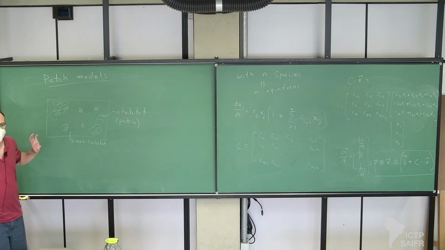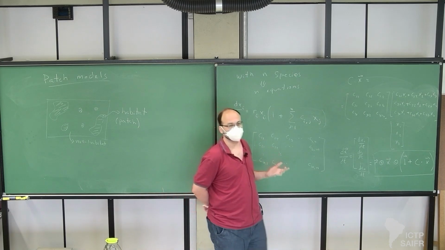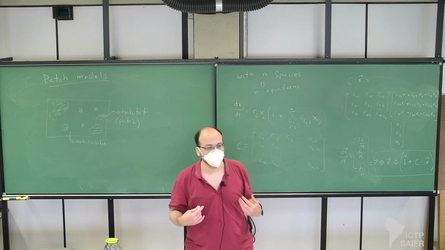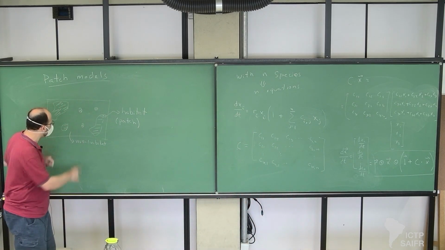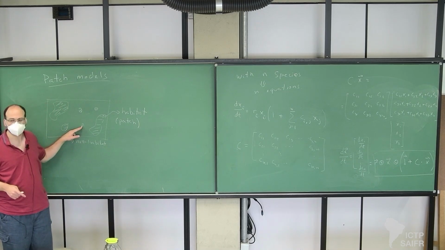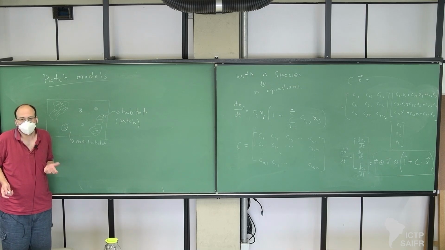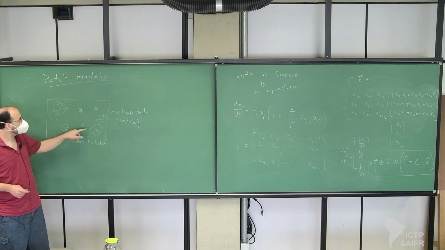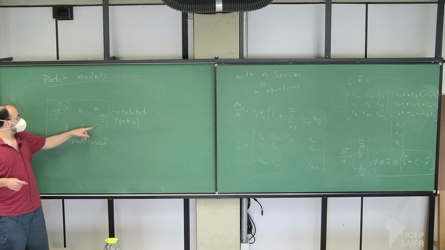More questions? Okay, so we want to model our population living in this region. But now I want to model it not by looking at isolated patches. Perhaps this is a very small patch and the population is not able to survive because it is too small. But then maybe there is some population there because it keeps receiving an influx of individuals.